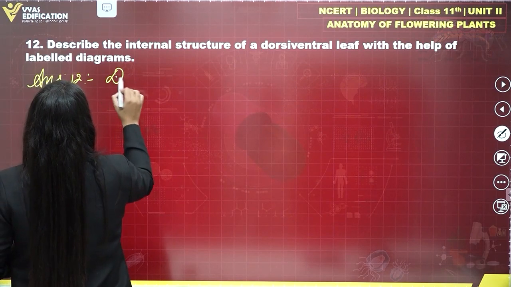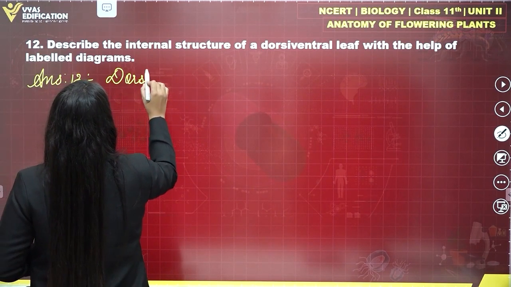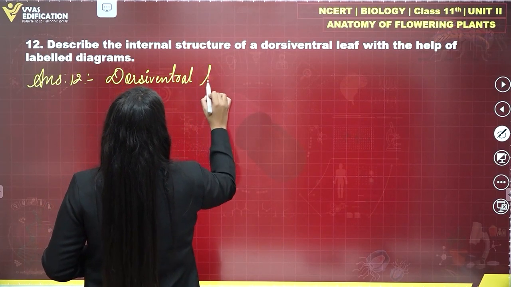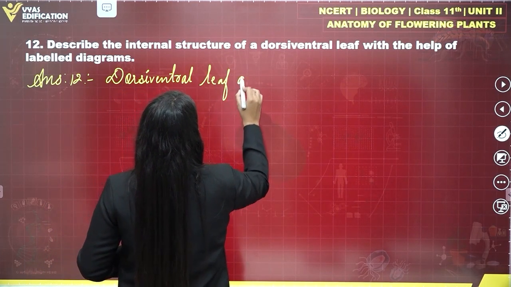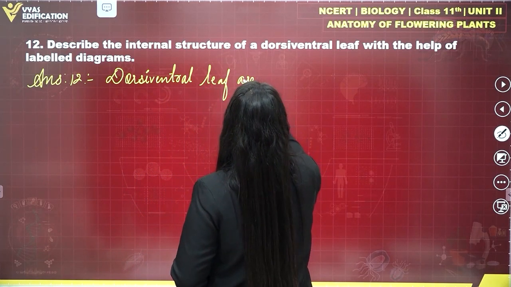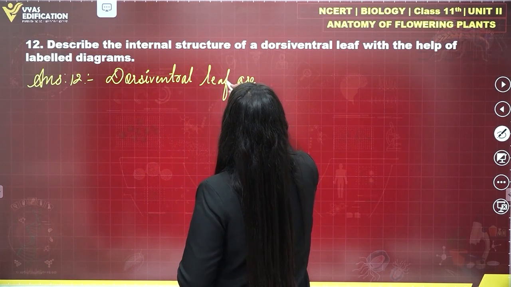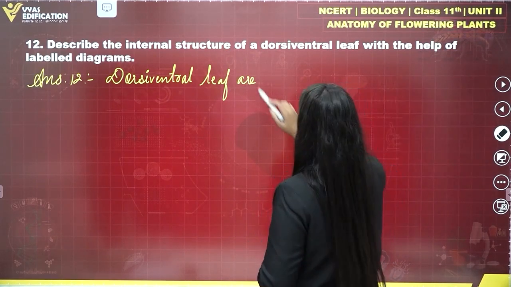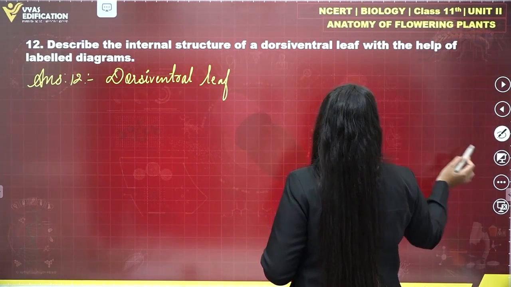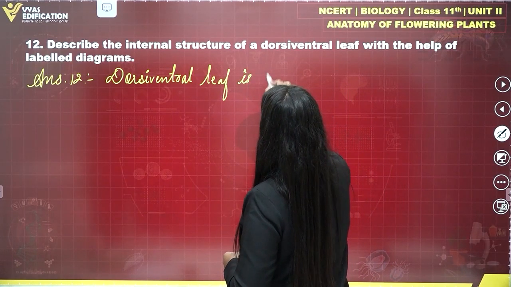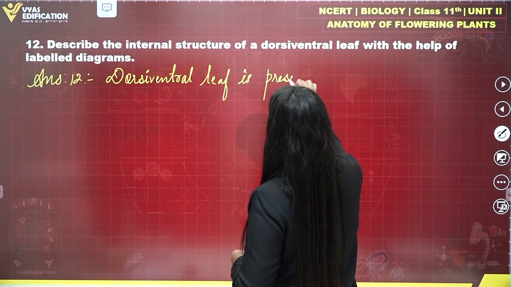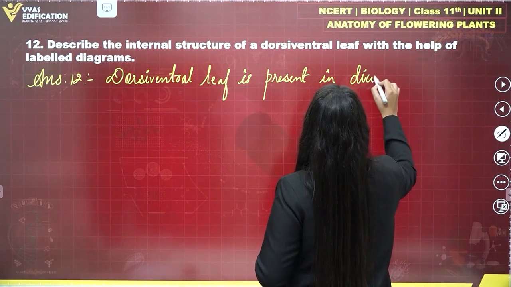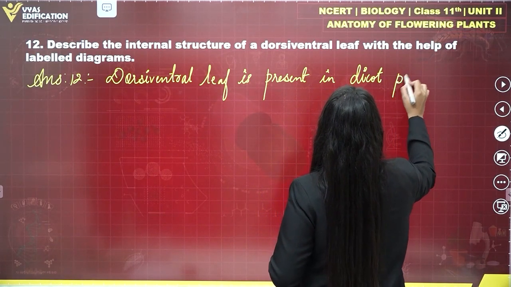First of all, dorsiventral leaf is present in dicot plants.